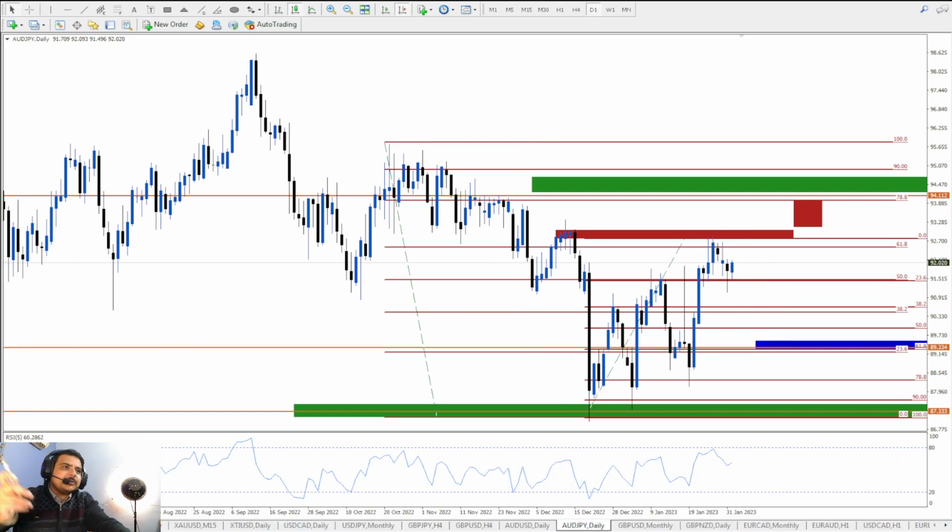Now let's have a look at the RSI reading. Well, that's fine. Right when price was trading near 61.8% retracement, RSI was at overbought situation. That's again good.